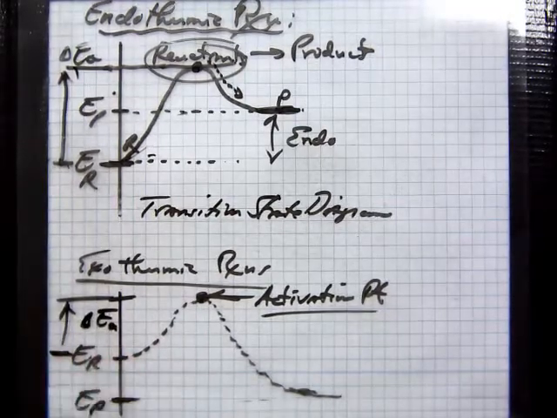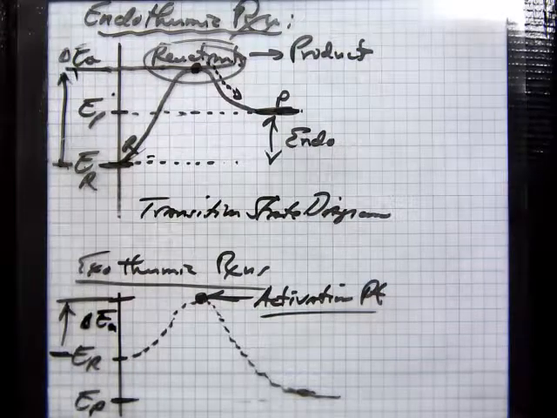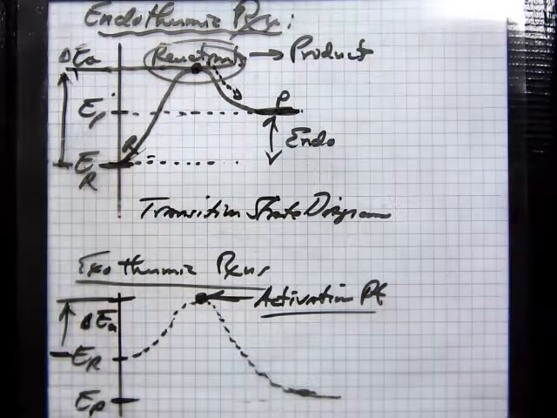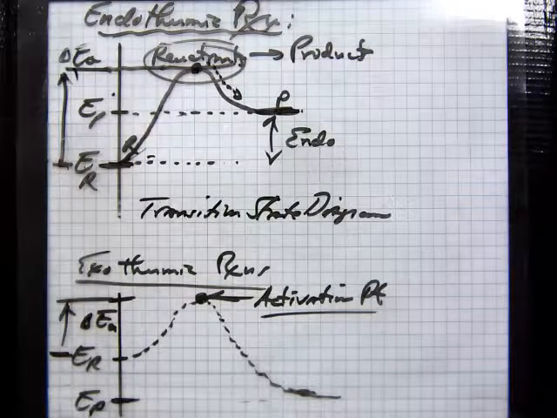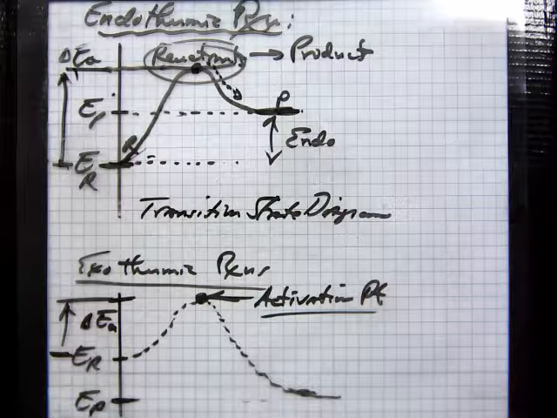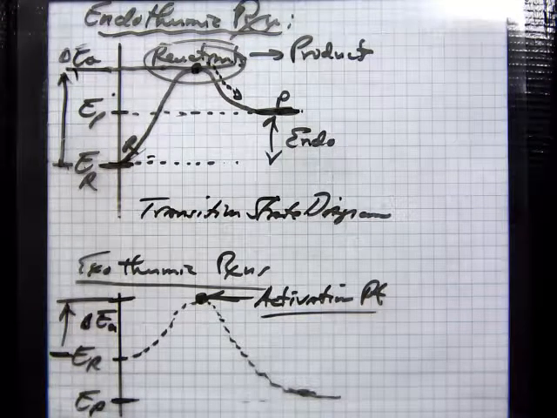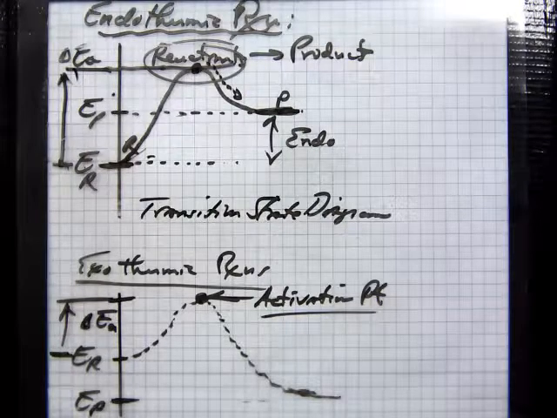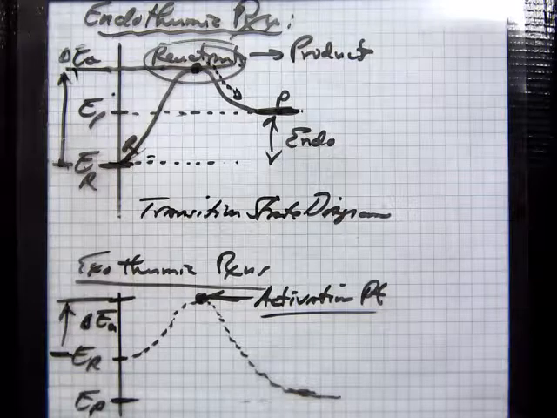That's the input of energy, heat energy or temperature, to push it up to the activation area to make everything proceed. So those are the issues that are dominant in the kinetic molecular theory. Particle-particle interactions start out at one energy level and go to another one. That's endothermic and exothermic reactions.